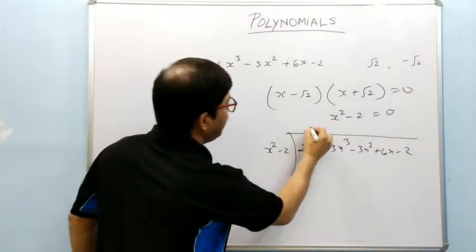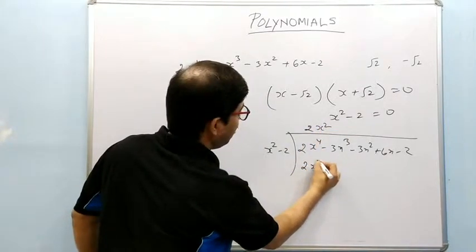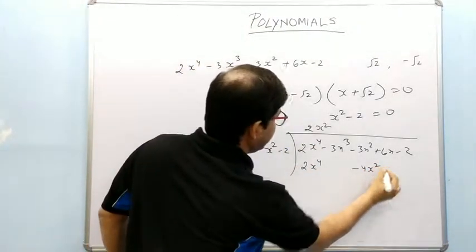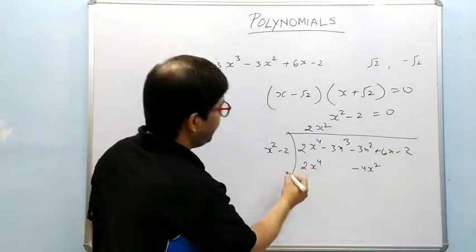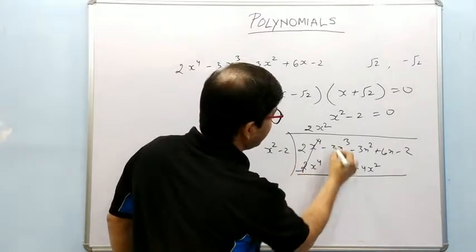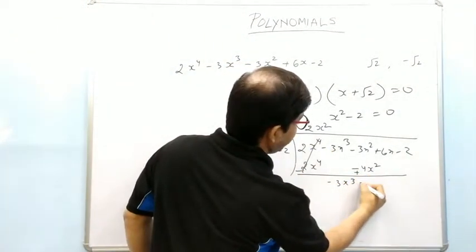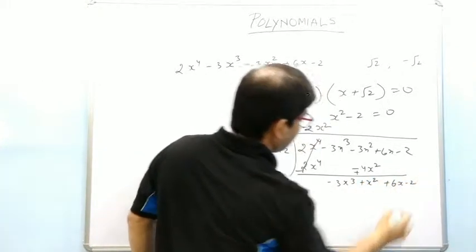Very simple. I will multiply with 2x square. That gives 2x4 minus 4x square, with x square written below the x square term. Now just subtract. This cancels out. We get minus 3x cube plus x square plus 6x minus 2.